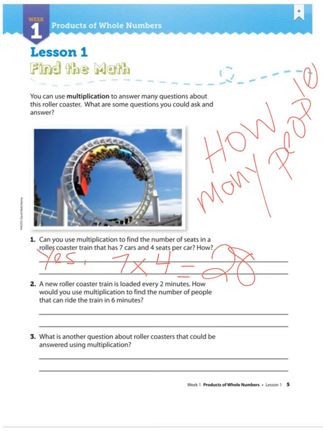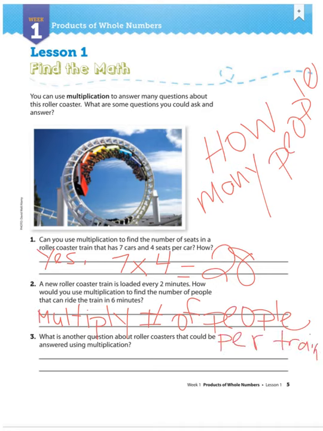So to find this, we would multiply the number of people per train by the number of trains that can run in 6 minutes. So that one would be kind of a two-stepper.